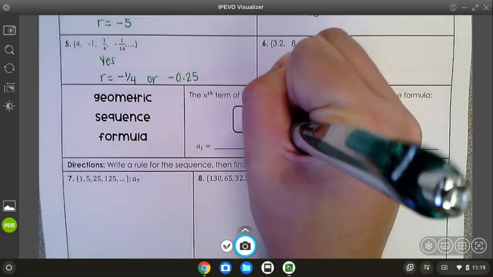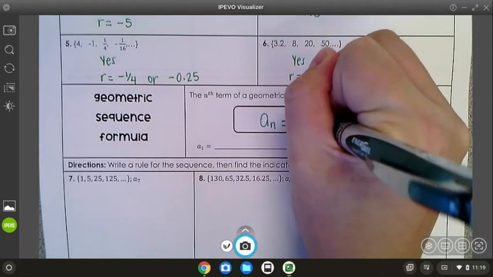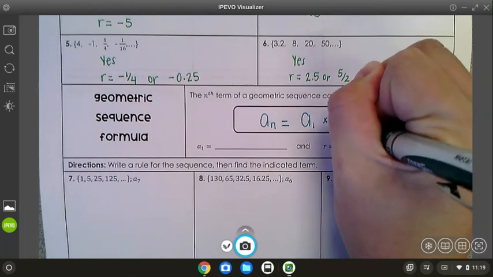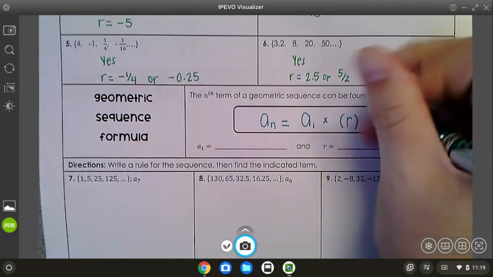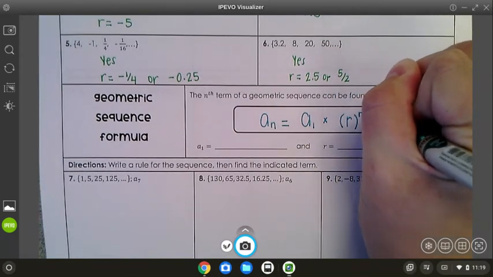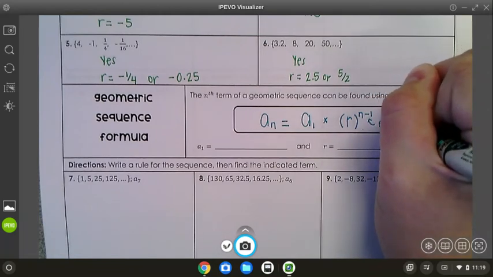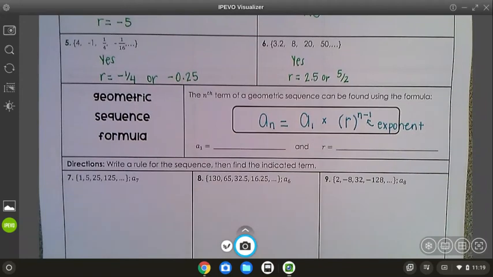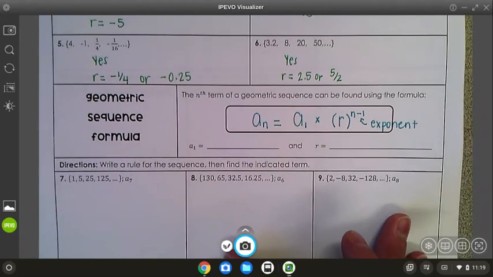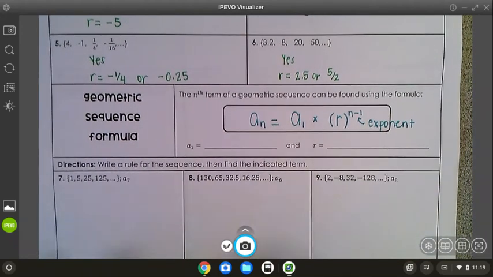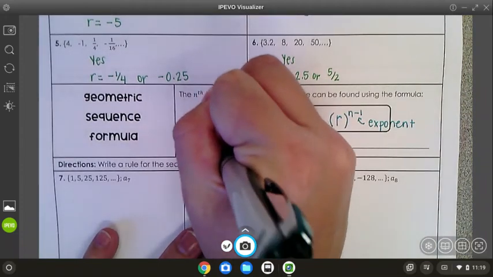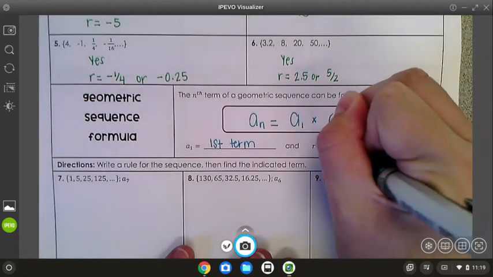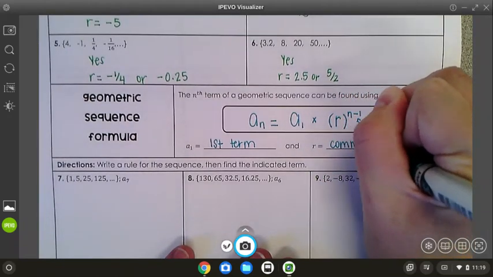So it's a_n equals a_1 times r, and then in the exponent is n minus 1. So a_1, remember, is your first term. r is your common ratio.